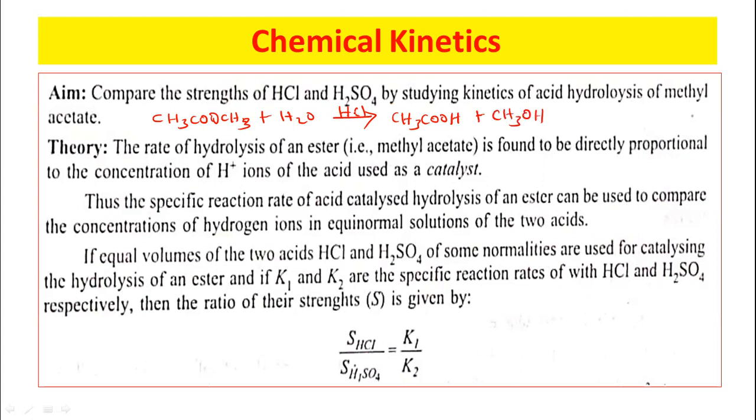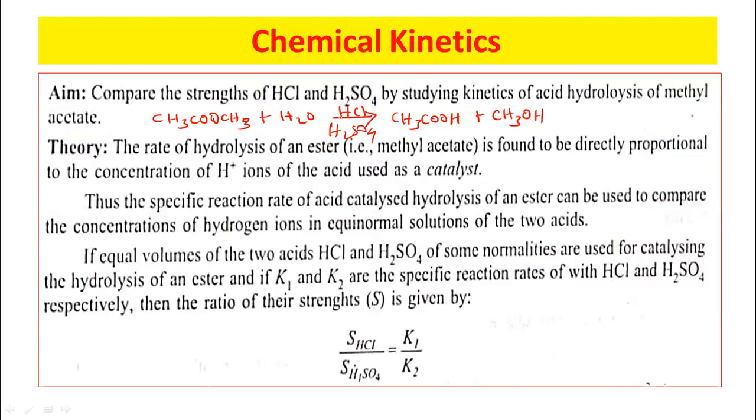In this reaction, HCl or H2SO4 is used as a catalyst. Therefore, this reaction is called an acid catalyzed hydrolysis reaction. And we are going to study here the kinetics of this acid hydrolysis reaction.